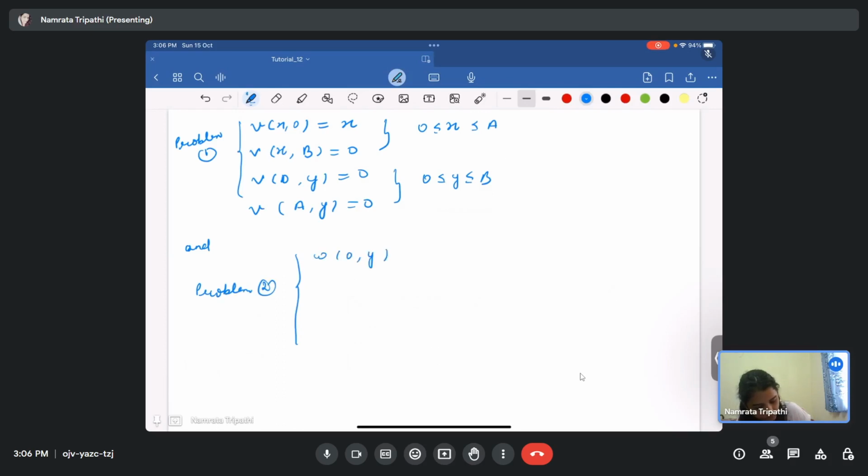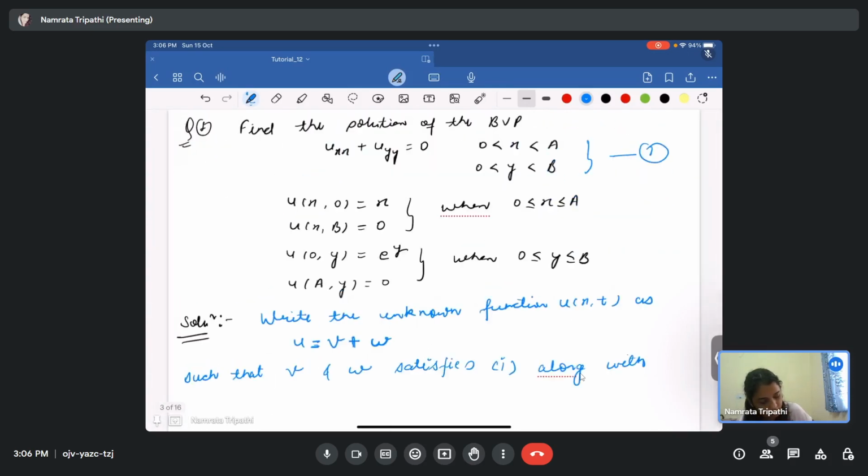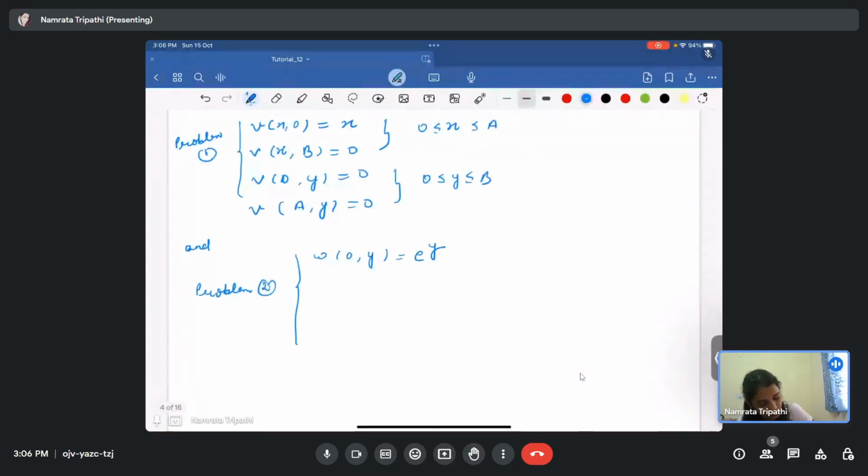w(0,y) is e to the power y, because another condition is given as e to the power y. So we will consider w(0,y) is e to the power y, and the rest of the other sides of the boundary we will consider 0.